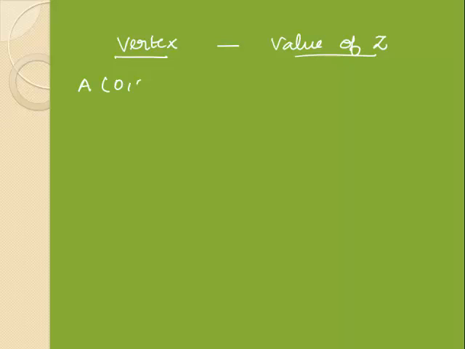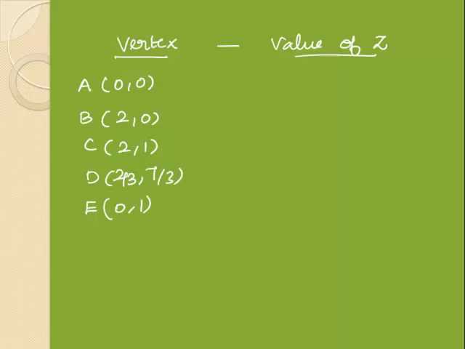A is 0, 0, B 2, 0, C 2, 1, D 2 by 3, 7 by 3, E is 0, 1. The objective function for the present problem is Z is equal to 3x1 plus 2x2. So check the value of Z for the 5 vertex points.